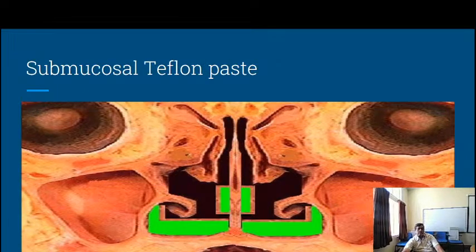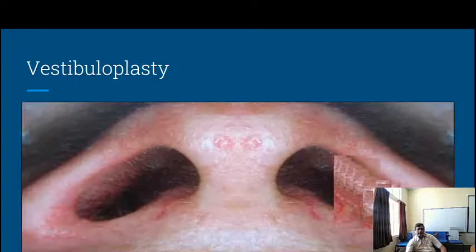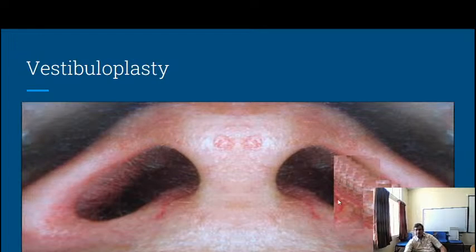and there is the Wilson's operation, a procedure where you inject Teflon paste submucosally, and so the wide nasal cavity becomes narrow. Then you have sublabial implants into the nasal cavity, into the floor and the medial wall, and vestibuloplasty, where you reduce the amount of air flowing, a partial blockage.